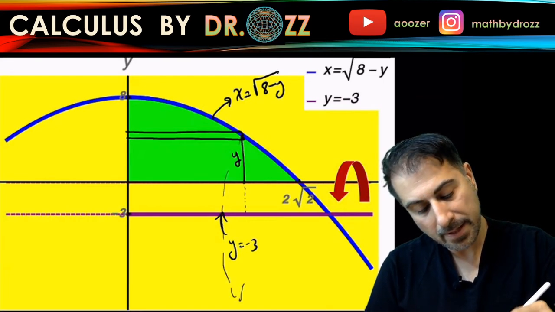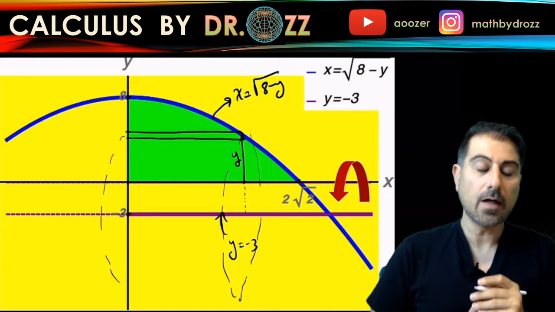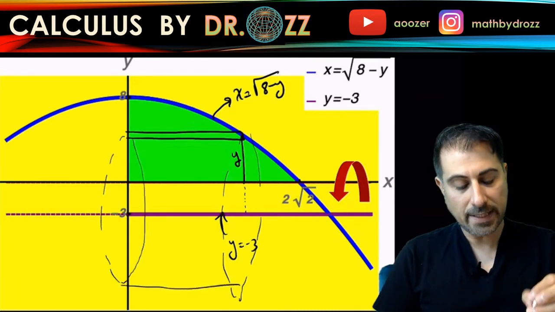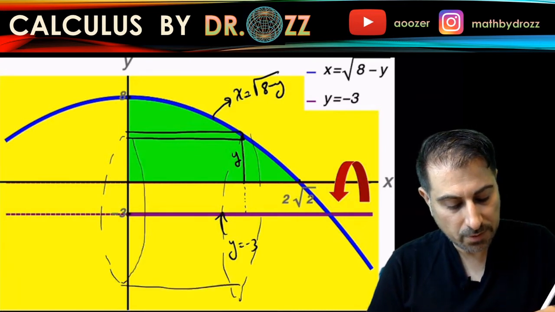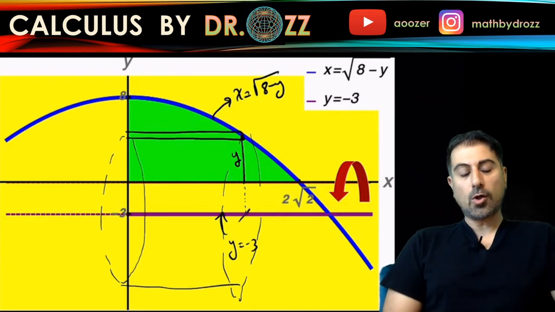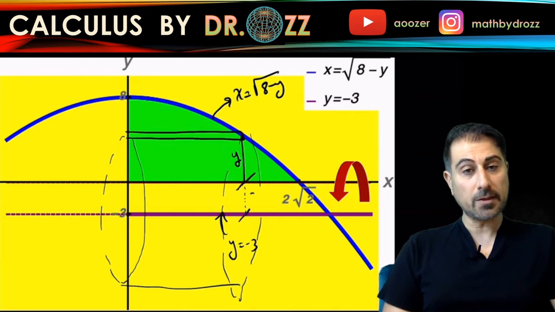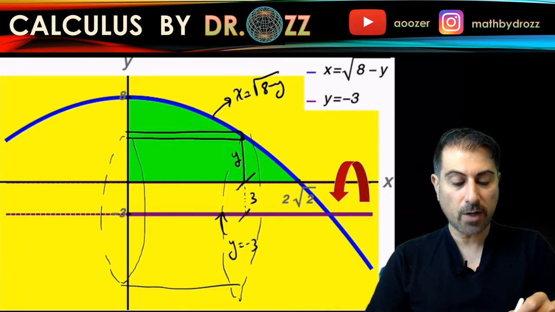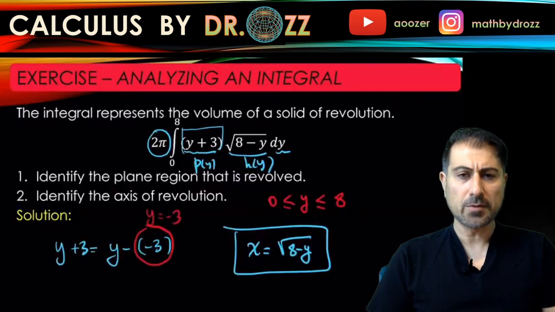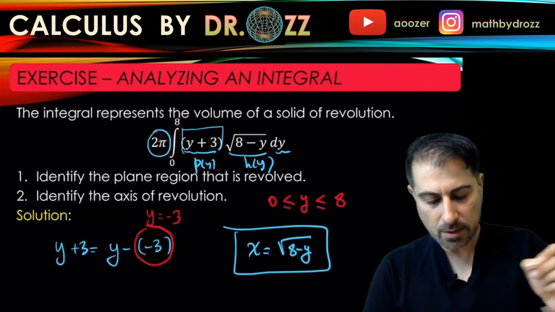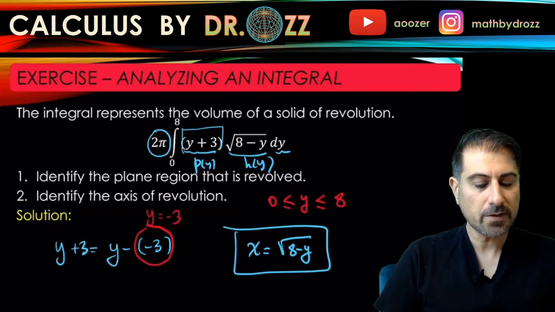That makes the radius of the shell equal to y plus 3, because this distance from here to here is 3. So the whole radius is going to be y plus 3, and that's what I got in the integral. The whole radius p of y is exactly y plus 3, so our intention was true to start with.